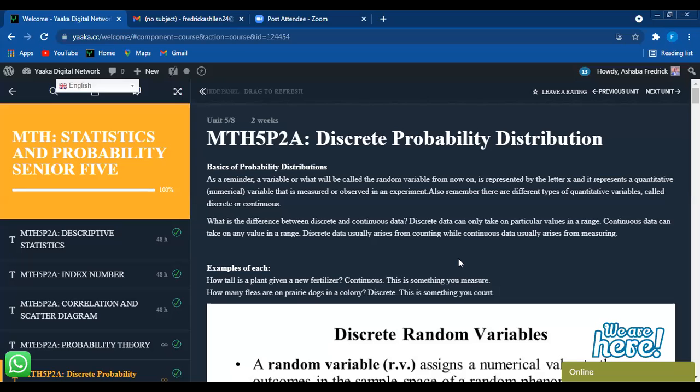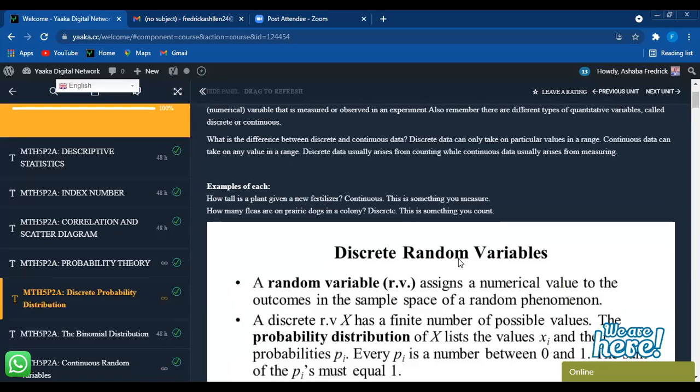Let me again share the work on the site, so that we talk briefly about the difference between discrete data and continuous data. We have examples of each. How tall is a plant given a new fertilizer?